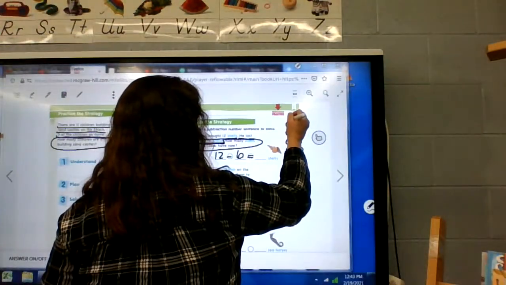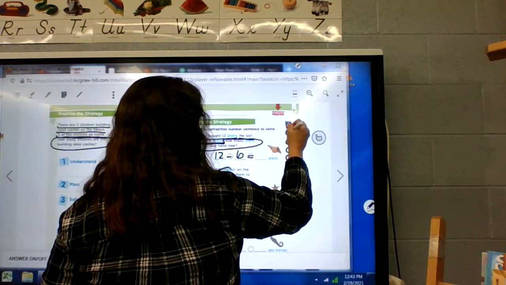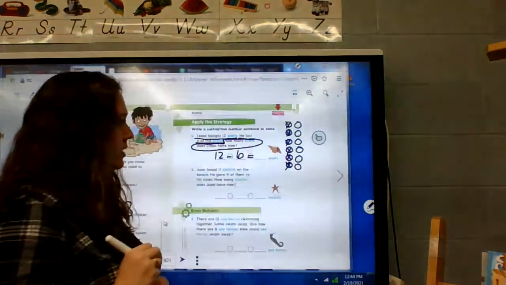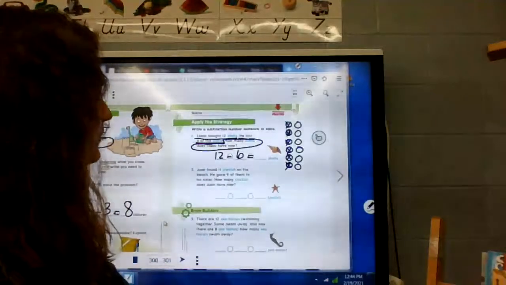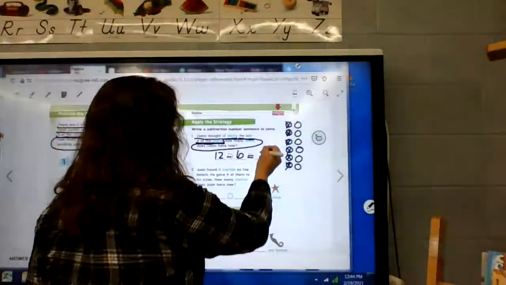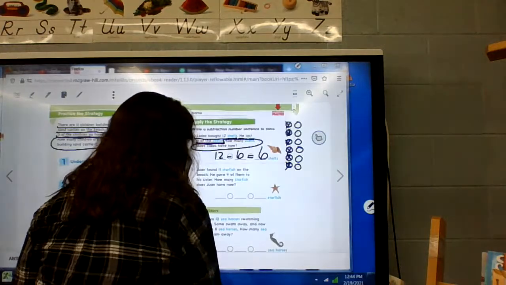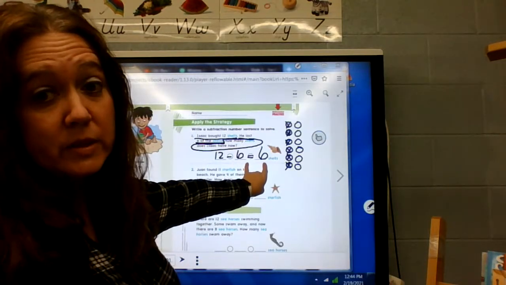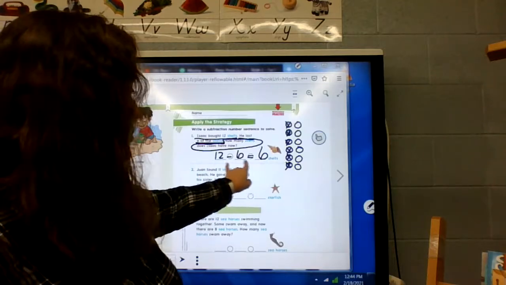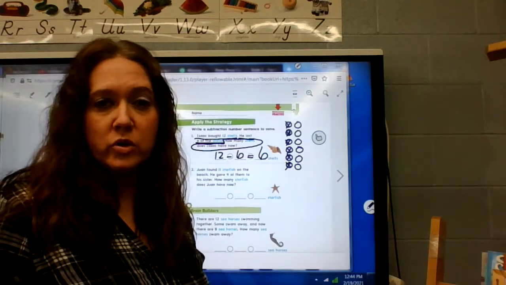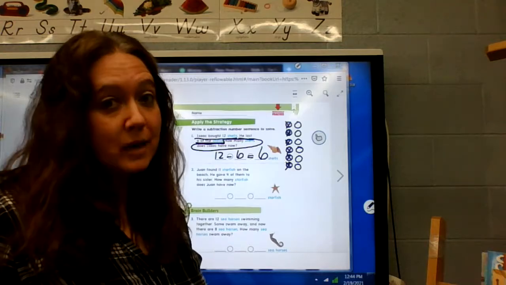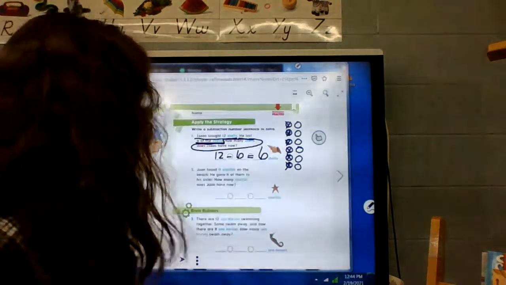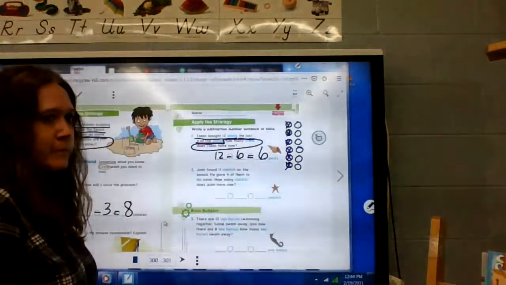He lost 6 of them, so I'm going to X out 6. How many are left? 6. Okay, this is what I meant by it kind of reminds me of a double. Well, it is a double. 6 plus 6 is 12. So hopefully you're thinking about that when you're subtracting, using doubles to help you subtract. I think we've kind of talked about that already. Okay.